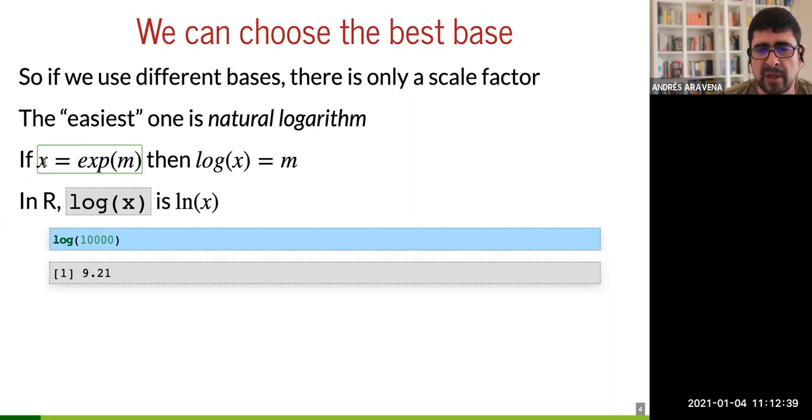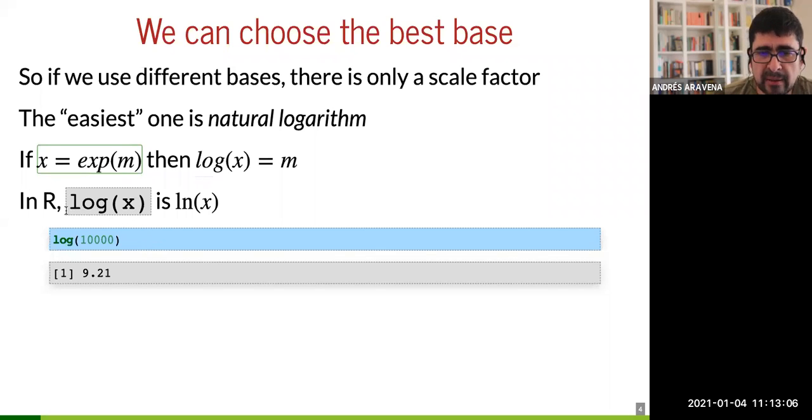That is what we need here. If you have a log that is the natural log, then exp will be the inverse of that one. And there is another reason: for a computer, it's much easier to calculate the natural logarithm than others. Internally, computers only work with the natural logarithm, and then they multiply by factors to get different bases.